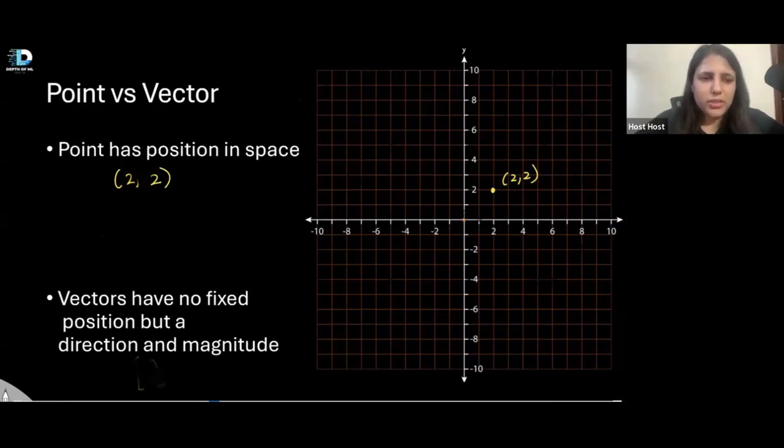It's already written on the slide, but if I have to draw this point here, this point is just a place in the space. It has no notion of magnitude. No notion of magnitude.